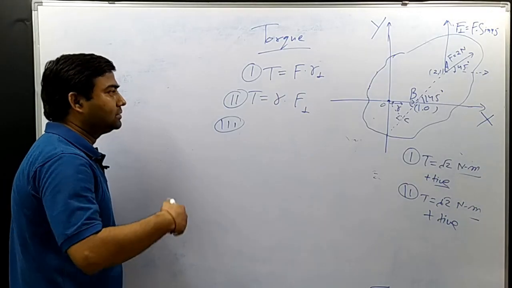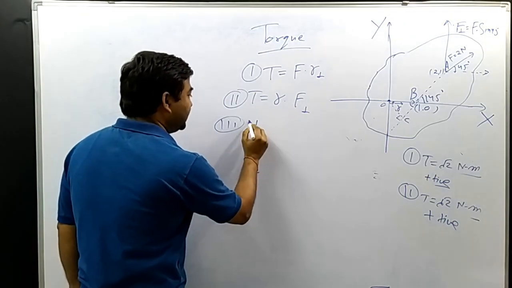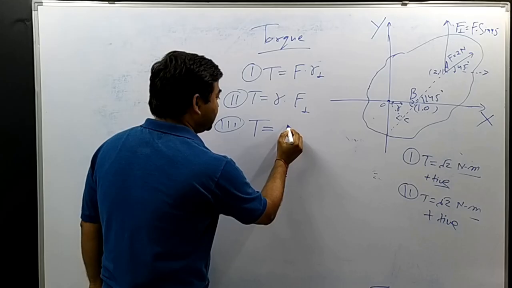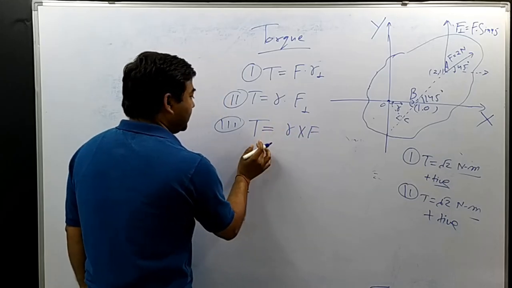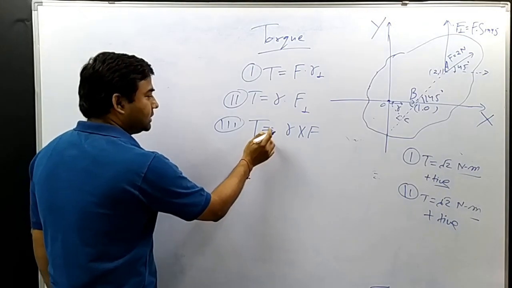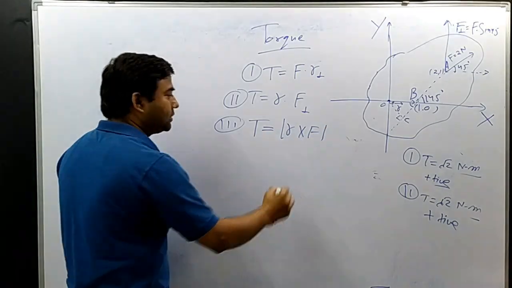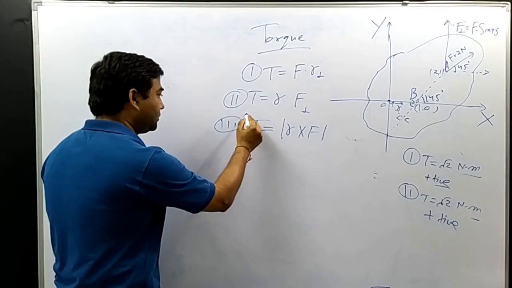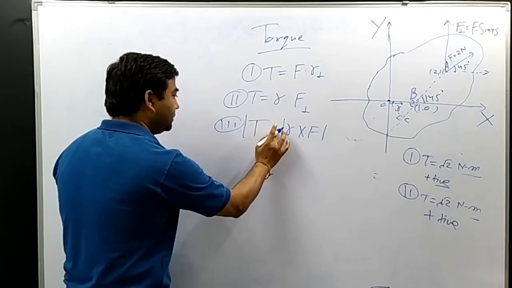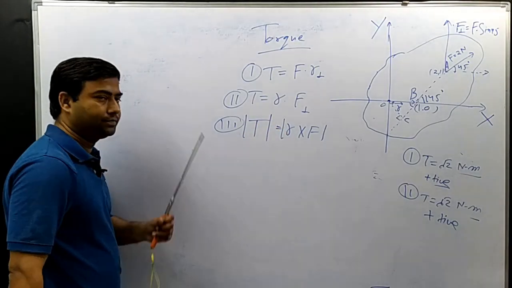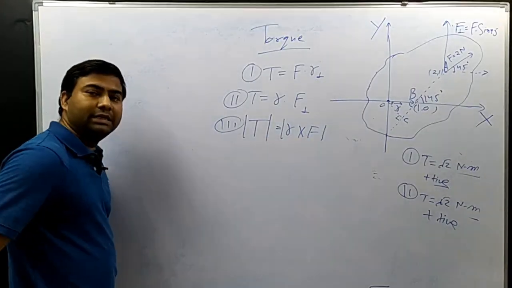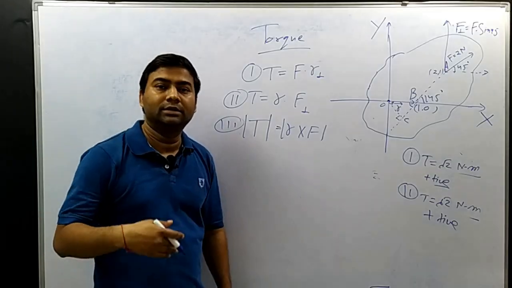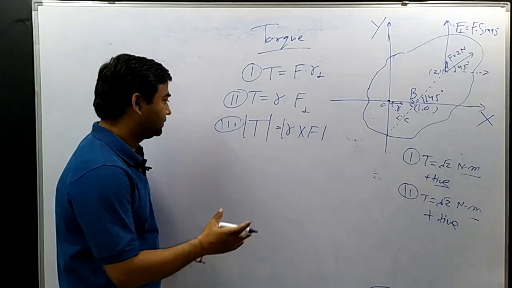Third method, as the general definition of torque is R cross F. That is, modulus of torque is modulus of R cross F. That is the general definition of torque. So by this general definition itself, we can find the value of torque.